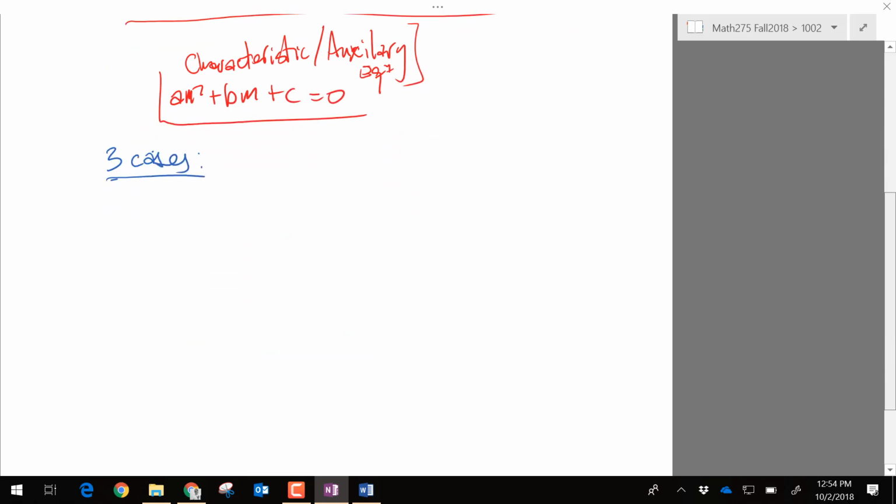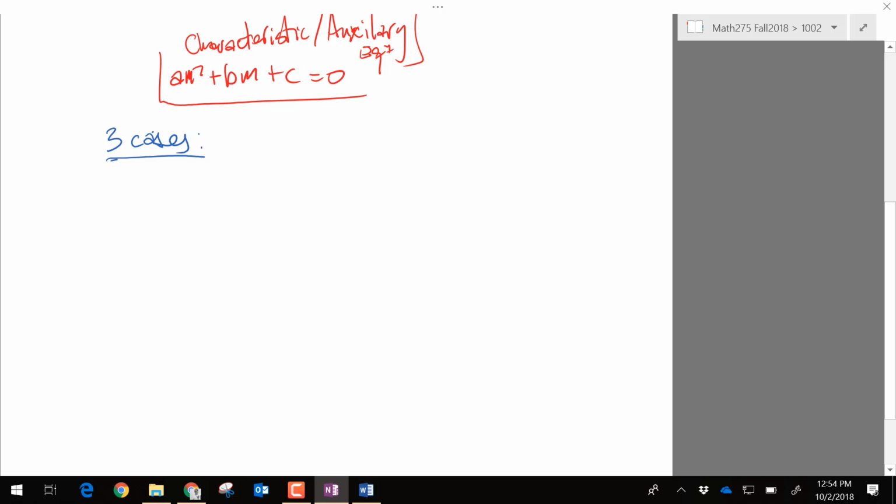So we have 3 cases depending on our discriminant. Remember the discriminant? b squared minus 4ac, the thing inside of the square root.